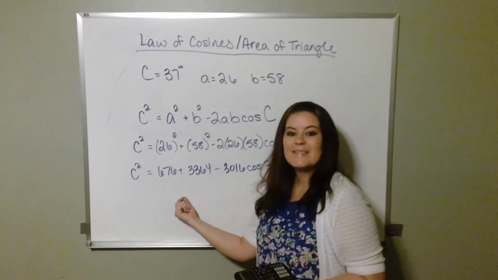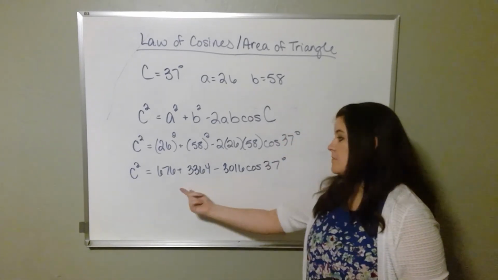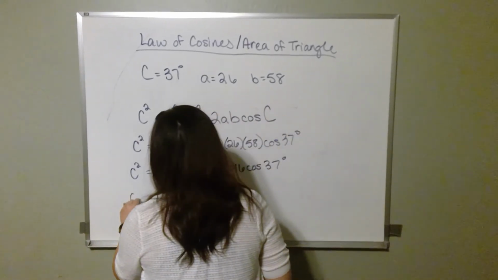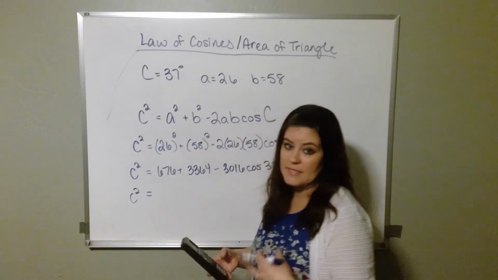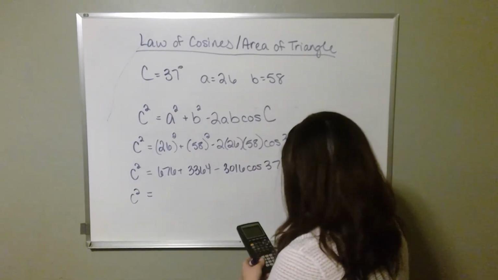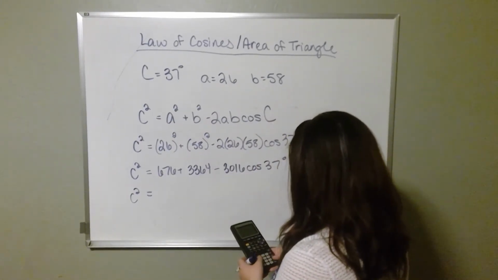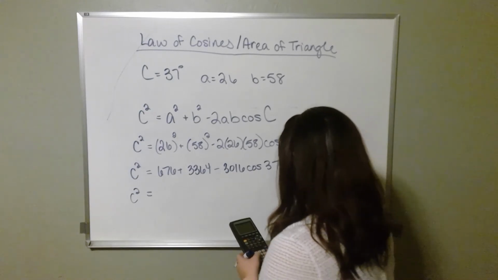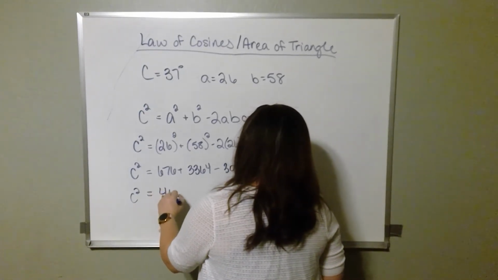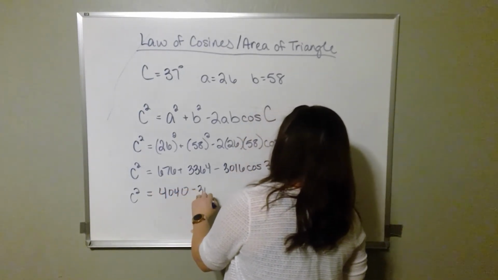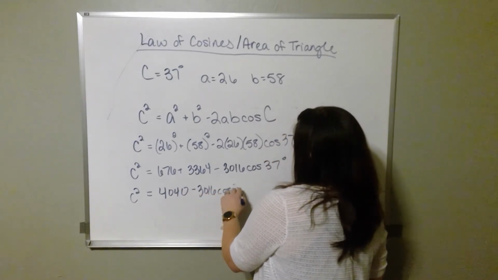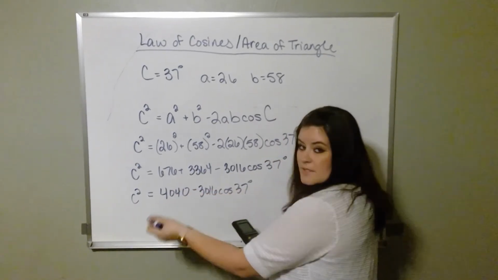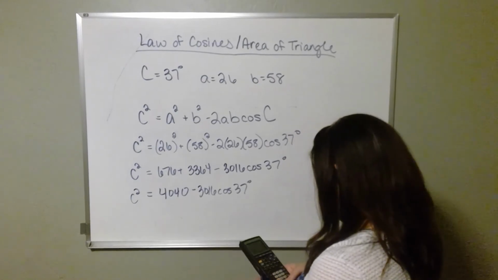So combine these two terms. Remember, don't put this one in with these. It's a really common mistake. That's why I keep saying it. So I'm going to add the 676 plus the 3364. So I get 4040 minus 3016 cosine 37. And I'm going to put all this in my calculator as is.